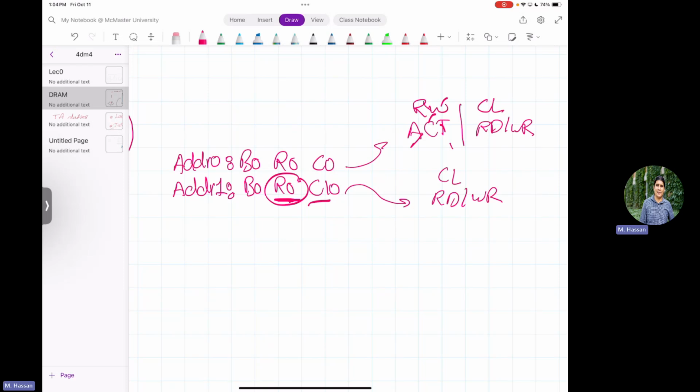Good. We call this a row buffer hit, right? If the row buffer is a small cache inside the bank, hitting into that cache would definitely give you way better performance than needing to do the row activation again. We'll see this later on from what we call timing constraints, but the worst delay that the DRAM takes is in fact in activating the row. This is your critical path.